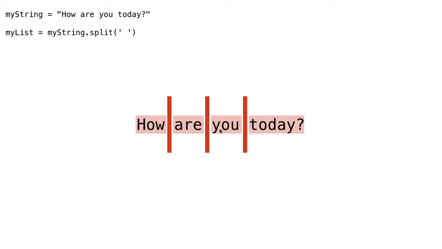That will give us back 4 different items, and that will be translated into a Python list, where the first entry will be, in this case, how, and the fourth entry, today, including the question mark. That will become our Python list that goes on the left-hand side, in this case a variable called myList.